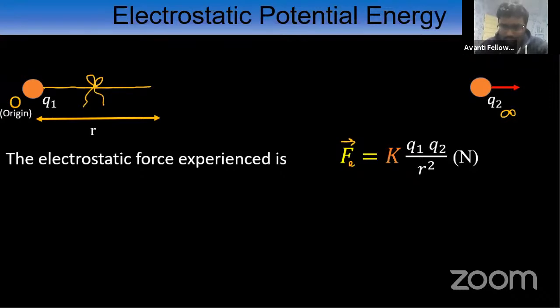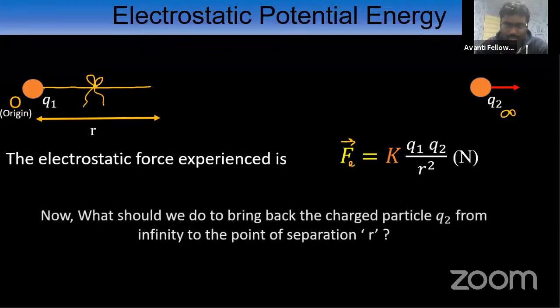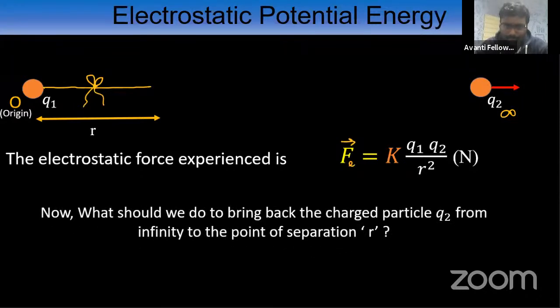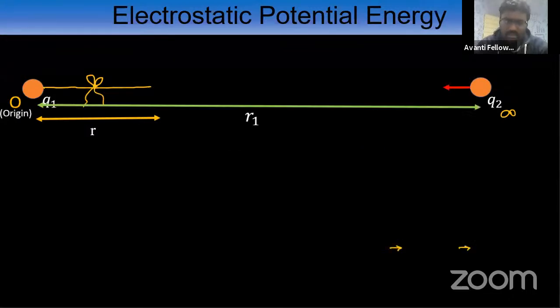Yes, correct, Tejas. We should apply the same amount of force in the opposite direction. Correct, Dhanush? Cool. You told me already, we should apply the force in the opposite direction. The force magnitude is the same as that of the force with which they went. What does this signify?